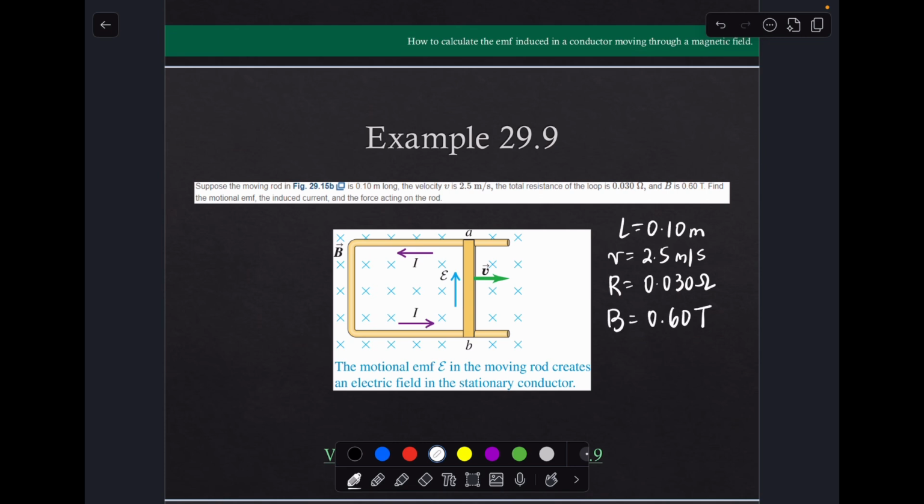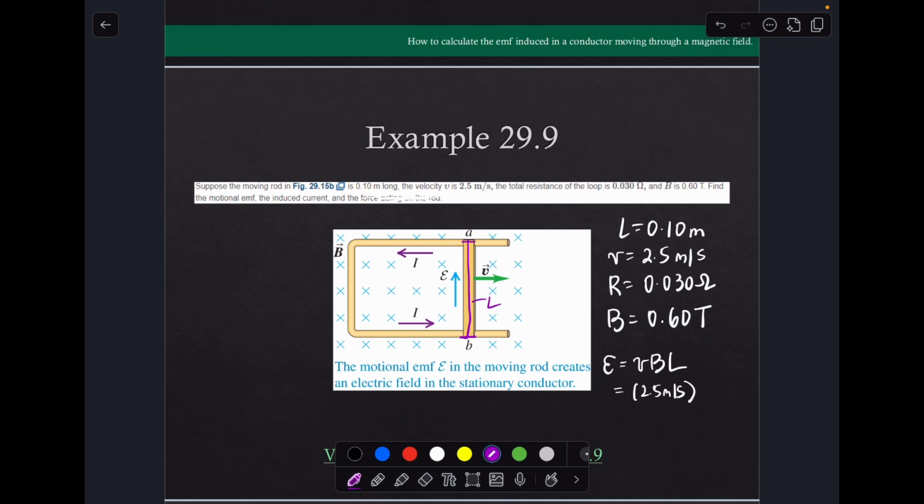What is the motional EMF and the current? Don't worry about the force. We're not going to worry about that. Well, EMF equals vBL, okay. Easy peasy. The difficulty here is just knowing what's L, right? L is this length. That's L.